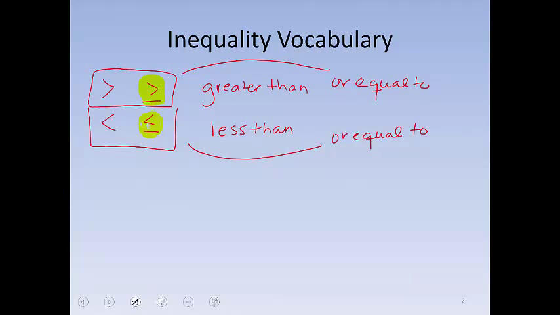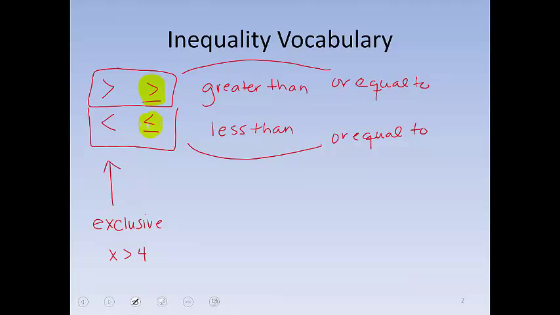Now, we're going to go a little bit further than that and talk about when we have inclusive versus exclusive. So these two symbols right here without the equal to part are actually exclusive. Well, the word exclusive means they exclude. So if I were to say x is greater than 4, that excludes the number 4.